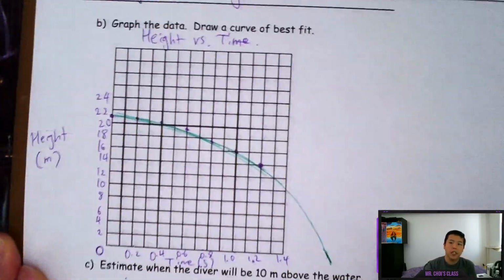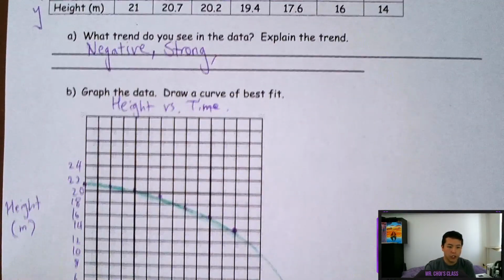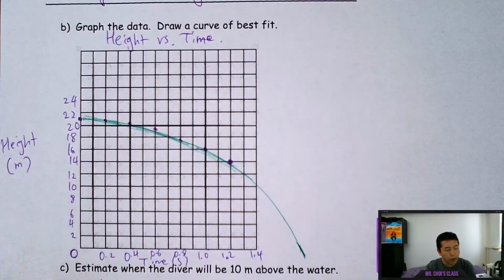And the last one, is it linear or non-linear? So Russell said non-linear. Hart and Han said non-linear.